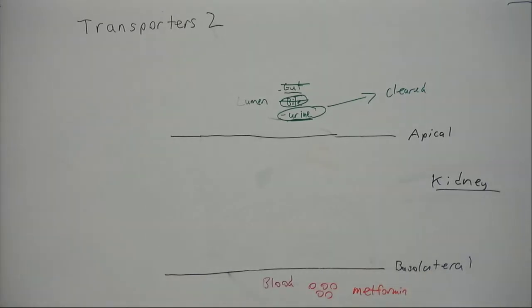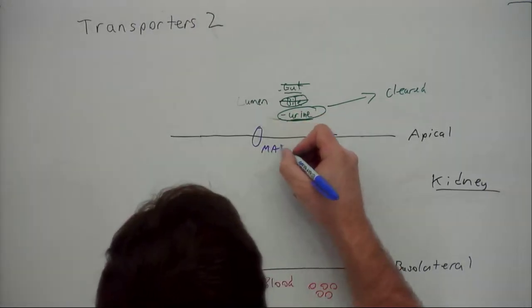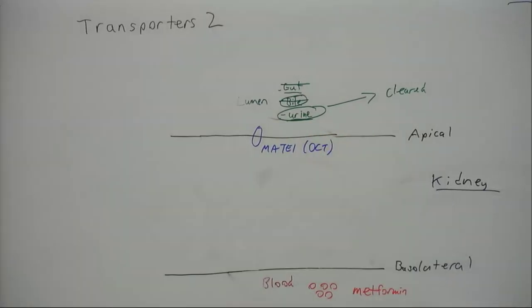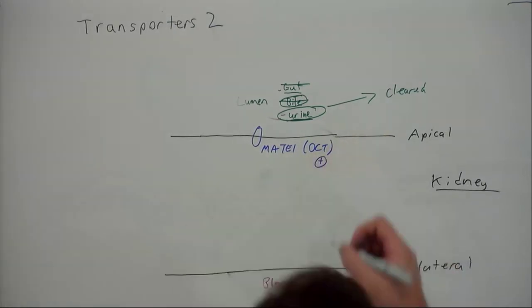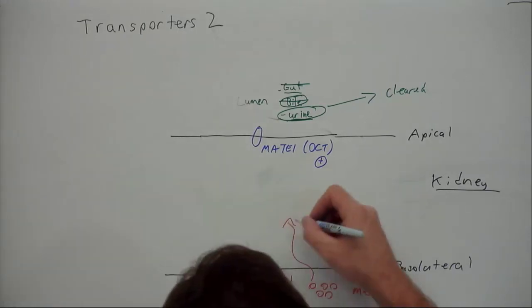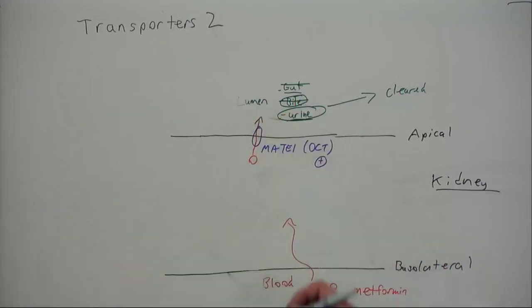And the transporter we're going to look at is MATE1, which is an organic cation transporter. So this is an OCT, an organic cation transporter. And if you recall, cations have a positive charge. And so this one relies on secondary transport, so it uses a gradient. Metformin enters the cell through other mechanisms, and then to get into the urine, it is co-transported out.